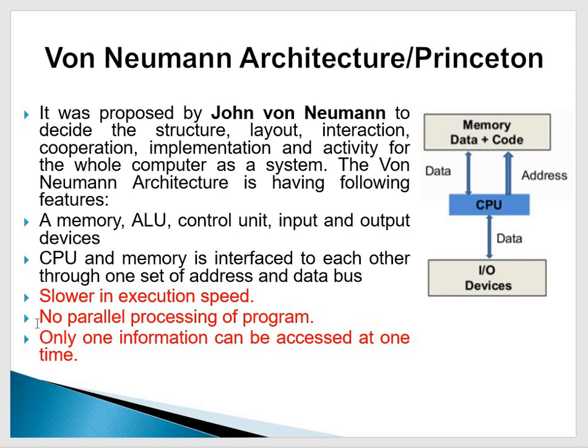It is not possible in this case to fetch the two opcodes for two different programs in parallel from the external program memory. That is why parallel processing of the program is not possible in the von Neumann architecture. The third one is that only one piece of information can be accessed at one time.